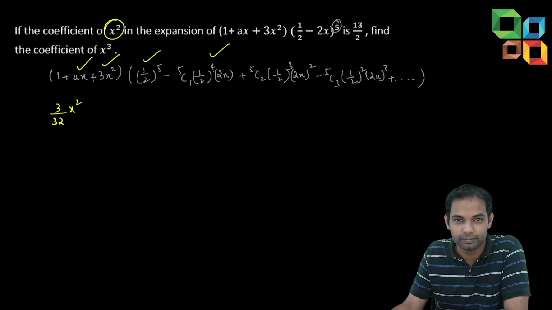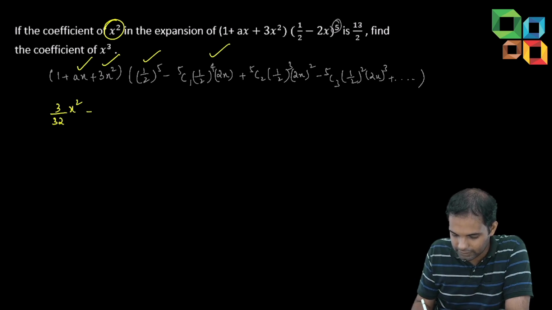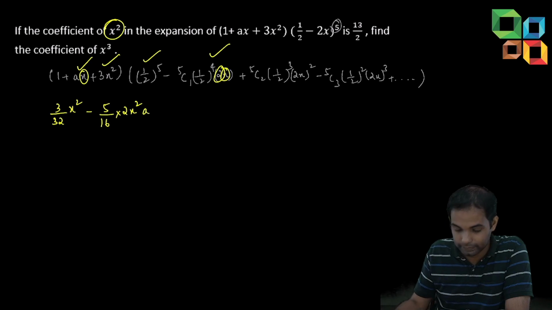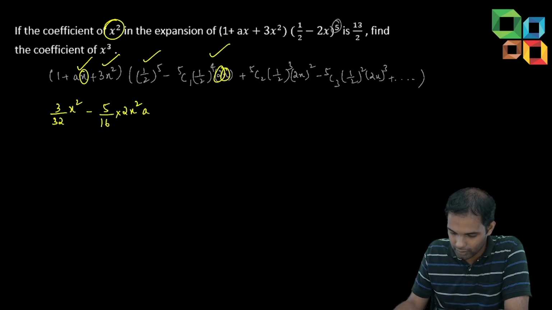This is a term, right? So it is minus 5 by 2 power 4 is there. 2 power 4 is nothing but 16. But there's a 2 here. Fine. So it's into 2 into x square. This x and this x into a. Fine. Okay, what else?